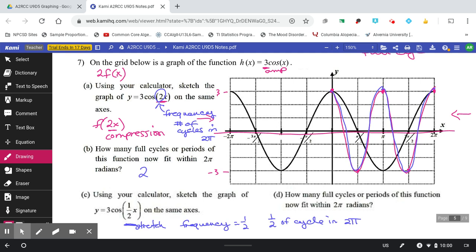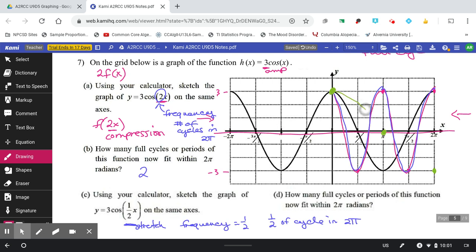All right, and then go ahead and graph it. So now when you look at that graph, again, on the y-axis, you are still starting at that same location. But when you get to pi, you are on the x-axis. And at 2 pi, you're all the way down at -3.